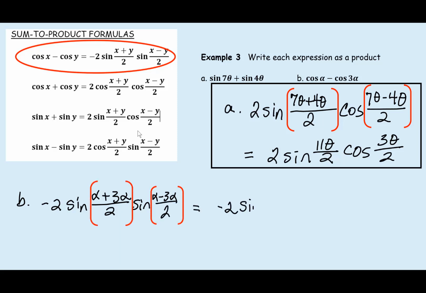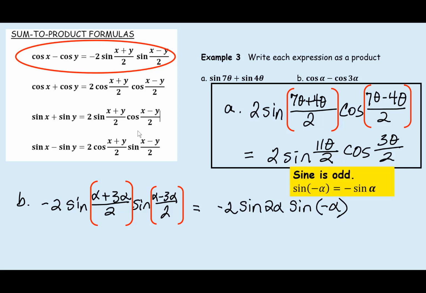And so that is negative 2 sine 4 alpha over 2, which is 2 alpha, sine of (alpha minus 3 alpha) over 2, which is negative 2 alpha over 2, which is negative alpha. And since sine is odd, we can rewrite sine negative alpha as negative sine alpha. And so that whole expression there is going to become positive. And it's going to be sine 2 alpha sine alpha.